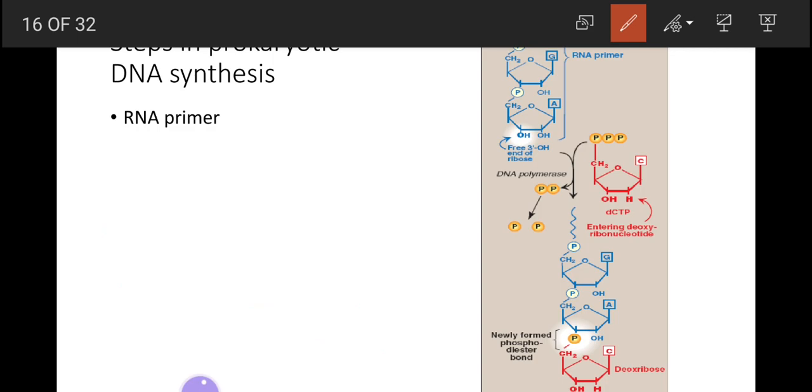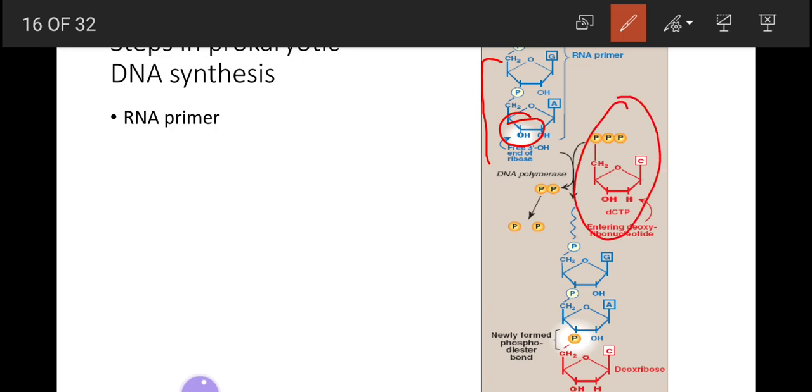This is how the DNA polymerase starts or does its work. This is the RNA primer. The blue color of the nucleotides shows that this is the RNA primer, and we have discussed that the DNA polymerase uses the 3' hydroxyl group of the primer and the deoxyribonucleotide dCTP.